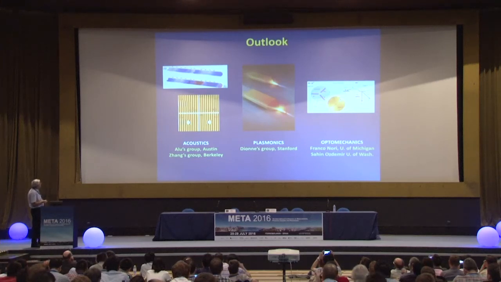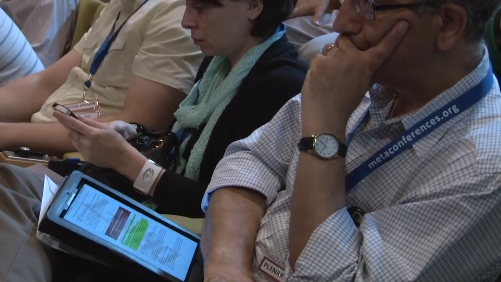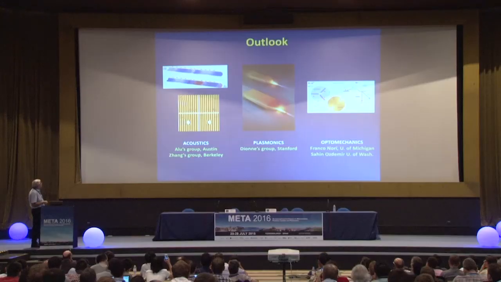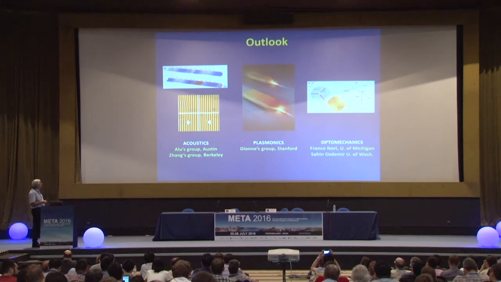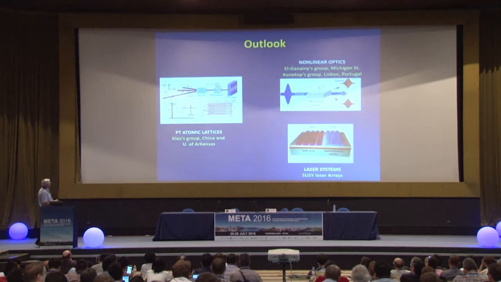Interestingly, some of these ideas have migrated into other areas like acoustics, from Alu's group and Zhang's group. Plasmonics is going to be a good ground, especially given the fact that gain has to be judiciously introduced in these systems. Optomechanics: there's quite a bit of work done by Franco Nori and Ozdemir from University of Washington. And we have seen for the first time parity-time symmetry in atomic lattices.